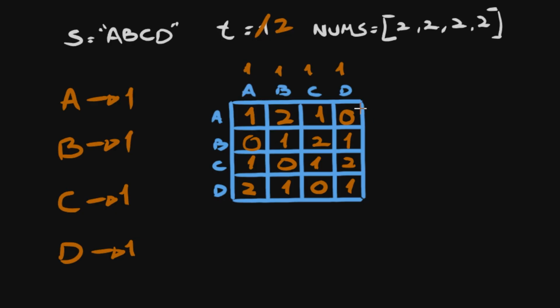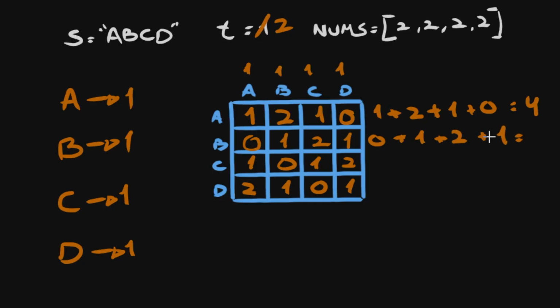So 1 times 1 is 1, plus 2 times 1 is 2, plus 1 times 1 is 1, plus 0 times 1 is 0. This is 4. Next, 0 times 1 is 0, plus 1 times 1 is 1, plus 2 times 1 is 2, plus 1 times 1 is 1.